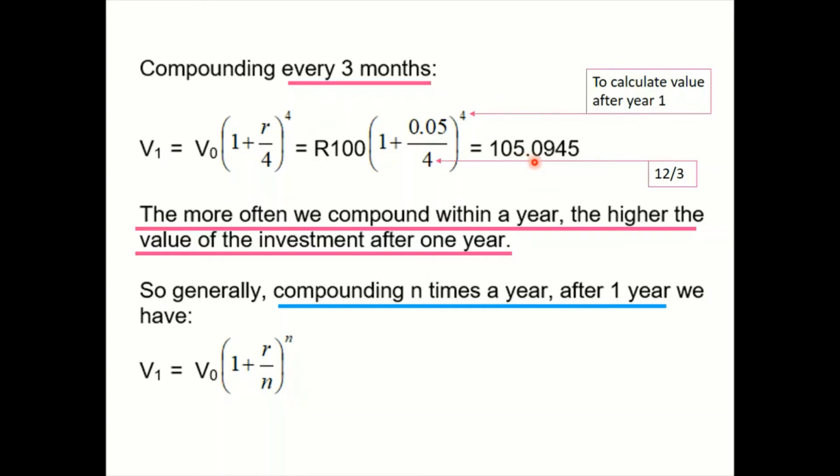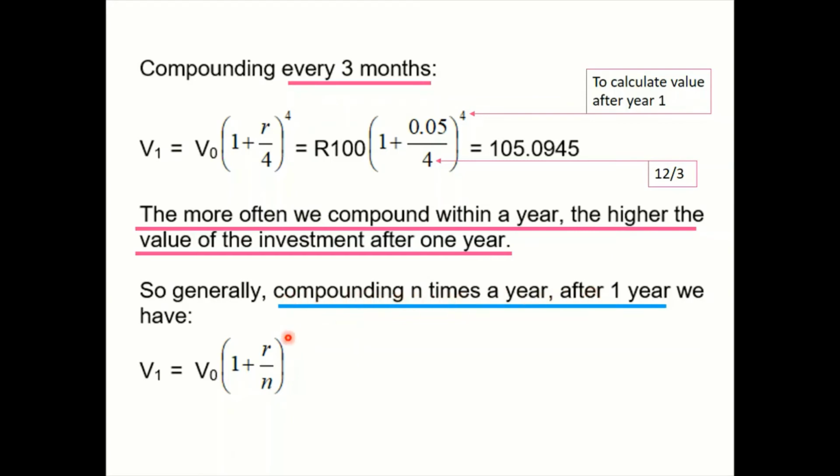What we can see from this example is that the more often we compound within a year, the higher the value of the investment after 1 year. And we can set out a general formula for compounding n times a year.